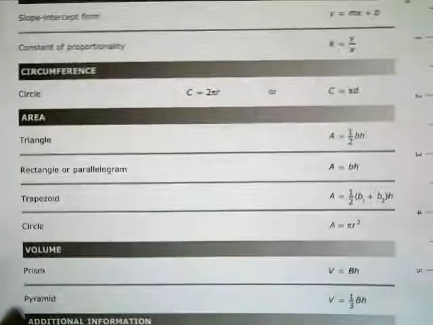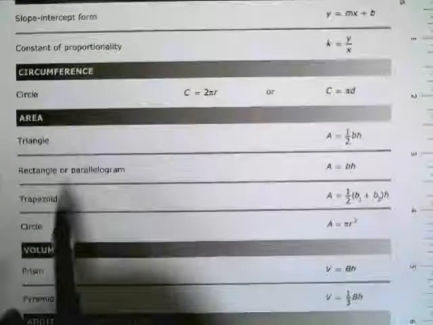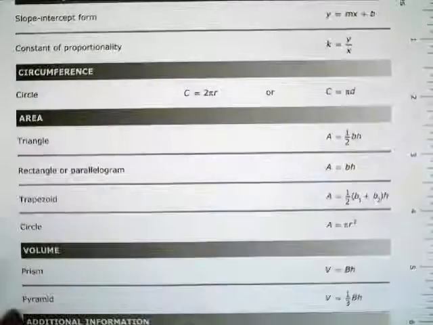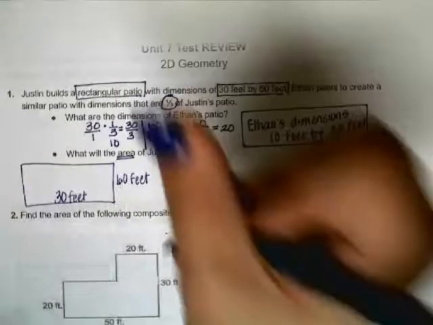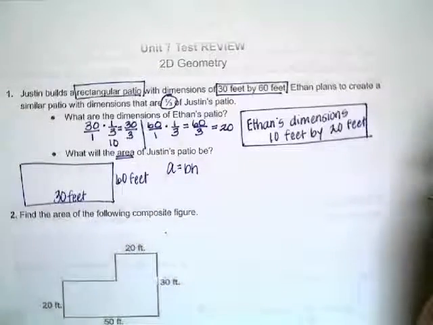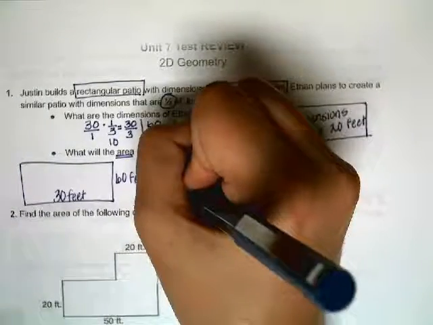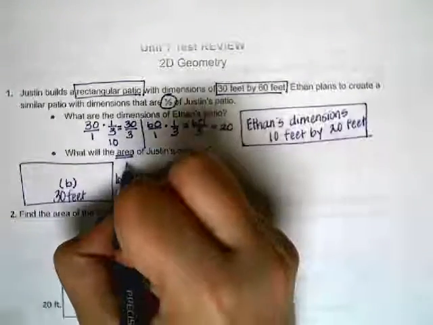If you look on your formula sheet, the area of a rectangle is base times height. So area equals base times height. In this case, our base is 30 and our height is 60.